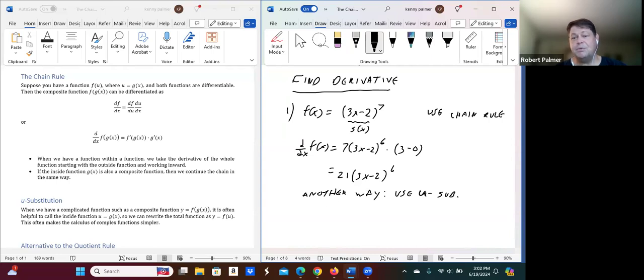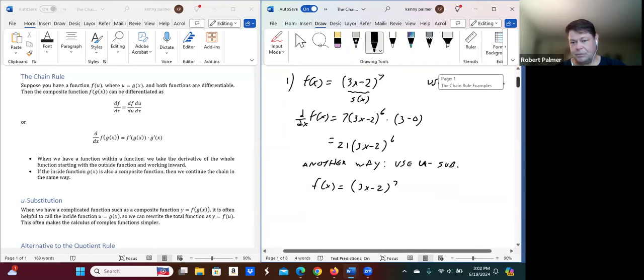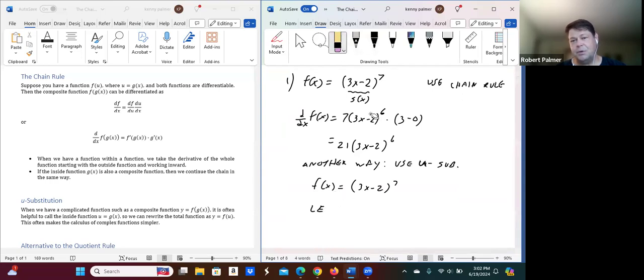Okay, so what we're going to do then, let's just write our function again. f of x is equal to 3x minus 2 to the 7th. Okay, I'm going to say let u equal the inside part, 3x minus 2.